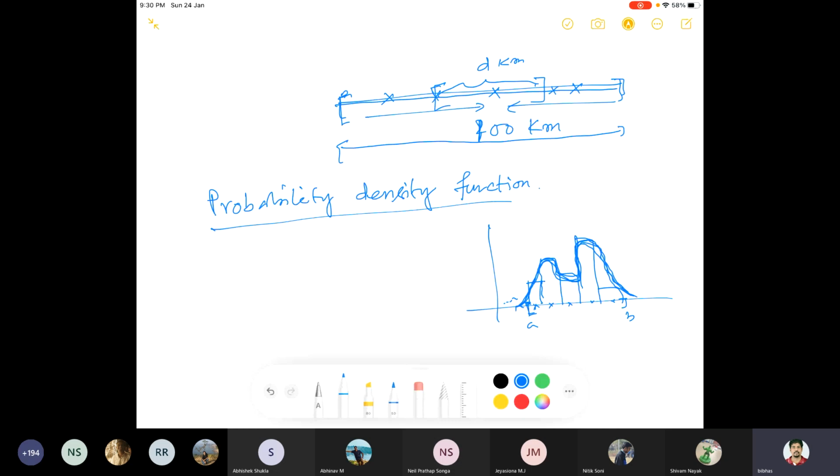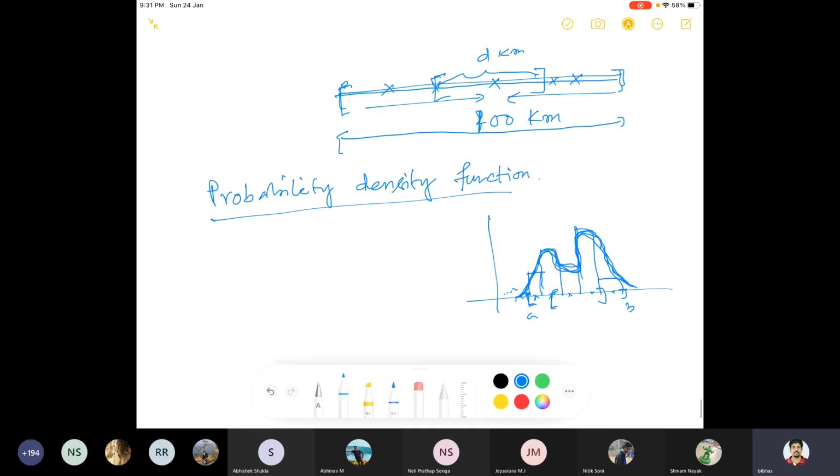And whenever I define a density function, I define it for a particular interval like this interval, okay? So here I'll define the probability density function, which I will denote as small f_X. The notation is the same. That was also small f_X, but that corresponded to a discrete random variable.